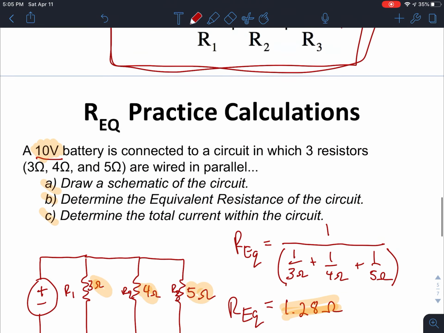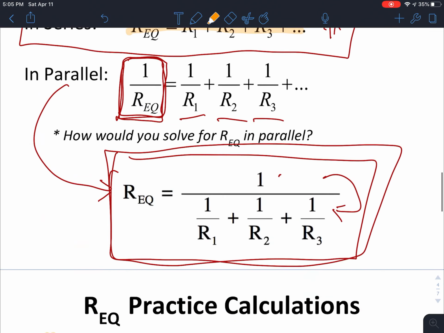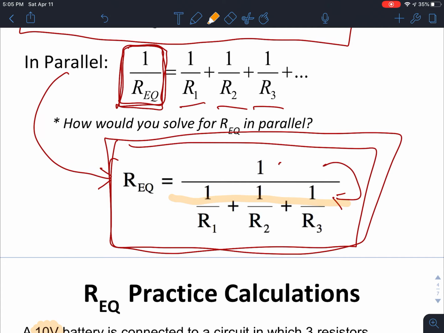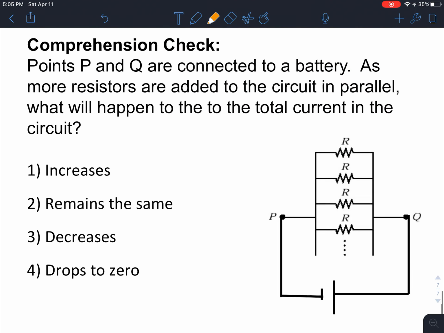When we add resistors in series, we increase the overall resistance. When we add resistors in parallel, we decrease the overall resistance. One quick question: we have points P and Q, and they're connected to a battery. As we add more and more resistors in parallel to that, what would happen to the total current?